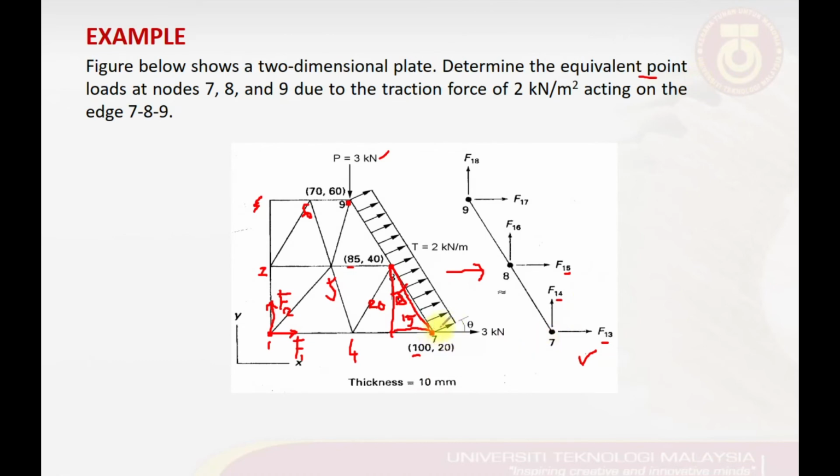And since our traction force is inclined at the angle theta, we must first explode this force into the x components and y components of this traction force at point number 7 and point number 9.